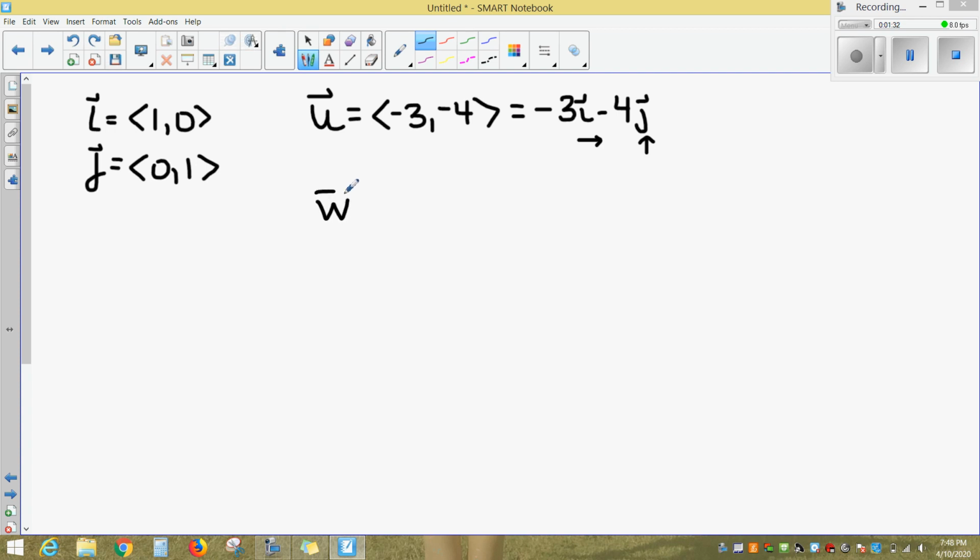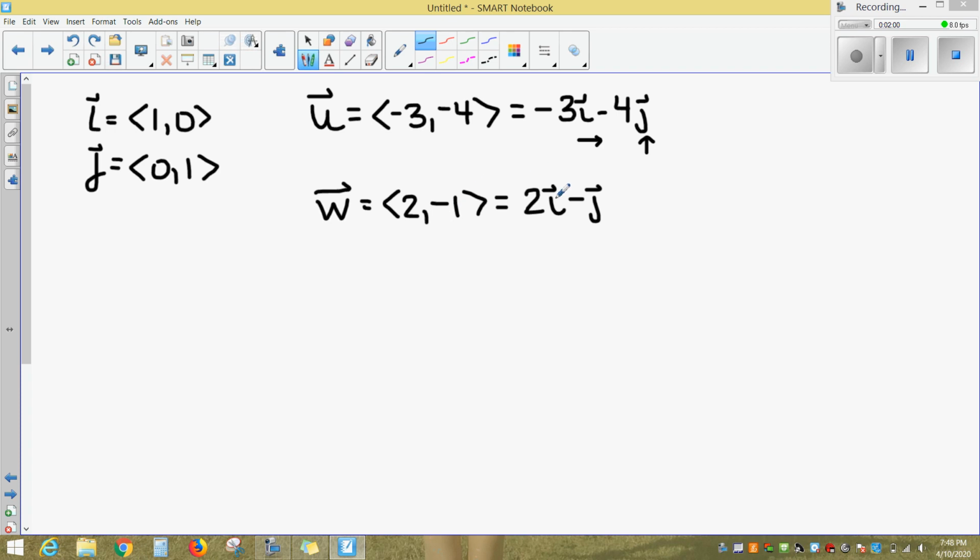So maybe I have the vector w, and it looks like <2, -1>. Instead of writing it in pointy bracket notation or component form, I could say I have 2 units straight to the right, -1 unit straight down. A linear combination of those 2 unit vectors. Sometimes this is just personal preference.